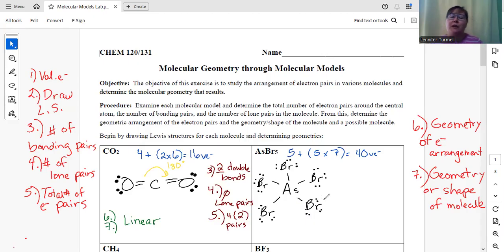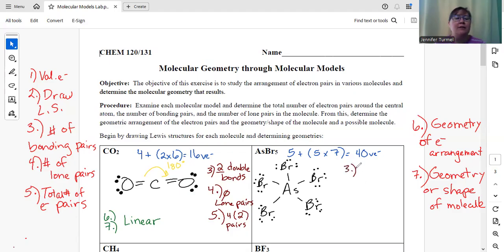So this one was pretty easy. I just needed to count them up and now I'm good to go. Okay, so I've got 40 electrons and I can see, interestingly enough, that I have these 5 domains. And so let's go through all this.